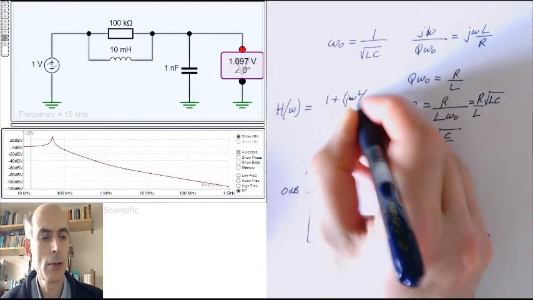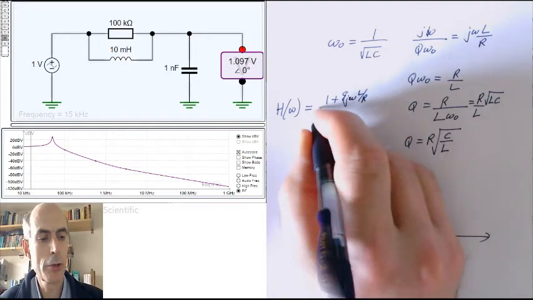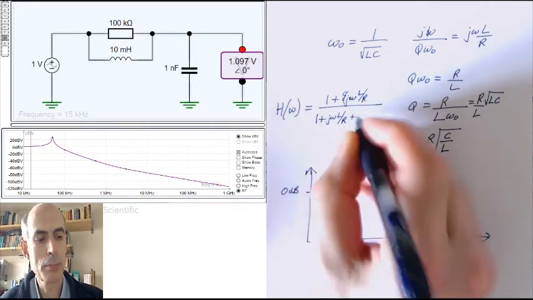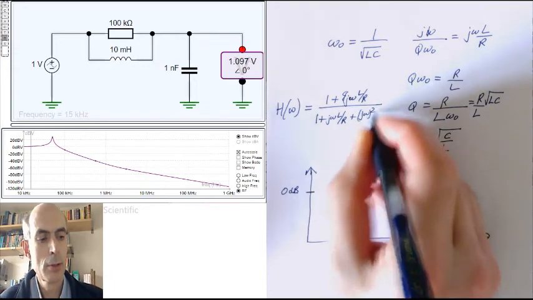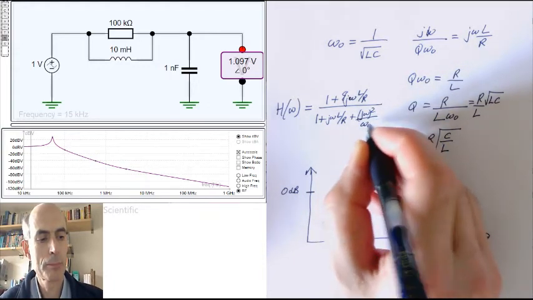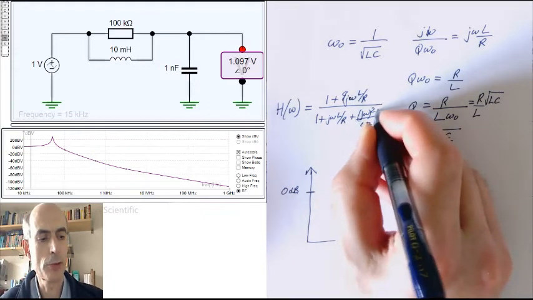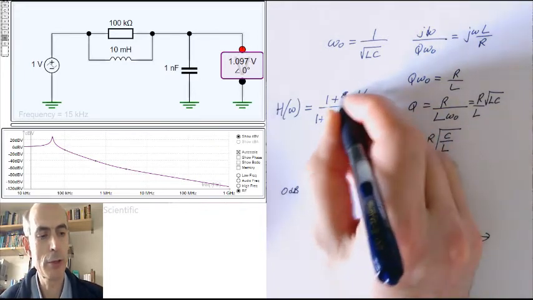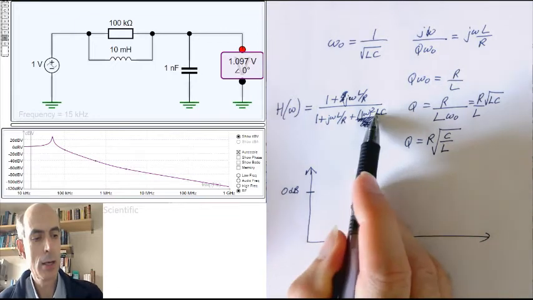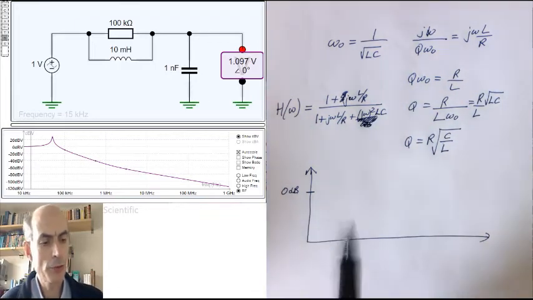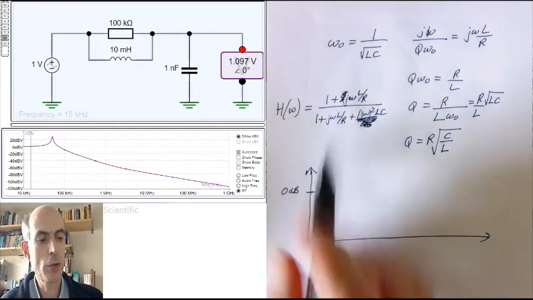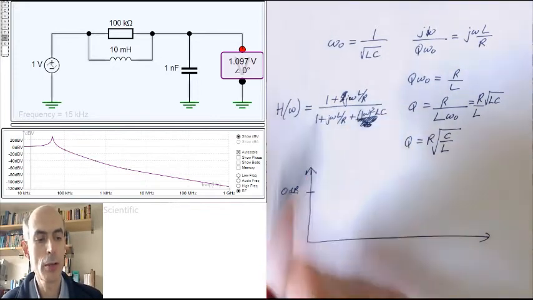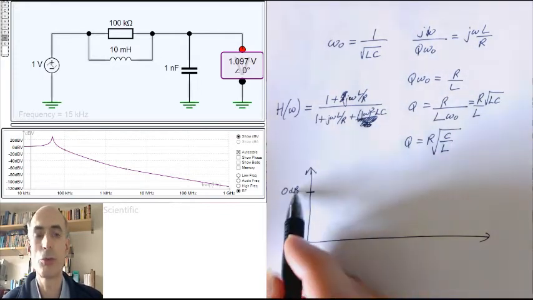J omega L over R over 1 plus j omega L over R plus j omega squared times LC at the moment. Haven't converted it into Q and the resonant frequency. And we can see that at low frequencies, when omega is 0, this is just going to evaluate to 1 over 1, which is a gain of 1 or 0 dB.